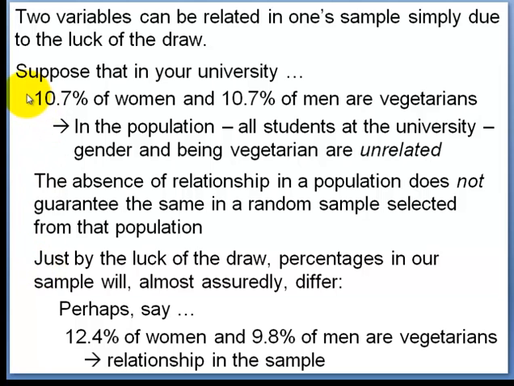So we have equal percentages of women and men, say, in the population, yet when we draw random samples, due to the luck of the draw, we find differing percentages of women and men in our sample. So even though we have no relationship in the population, due to chance, luck of the draw, we have relationship in our random sample.